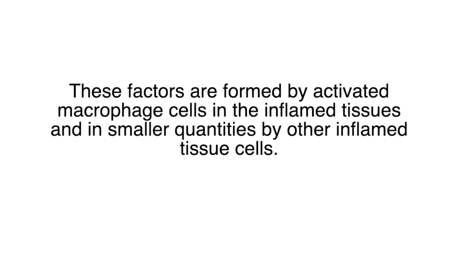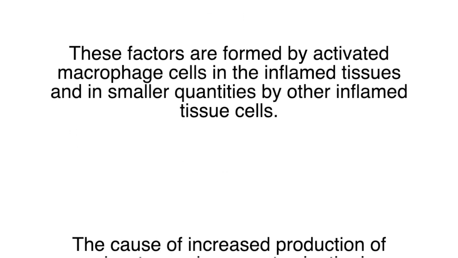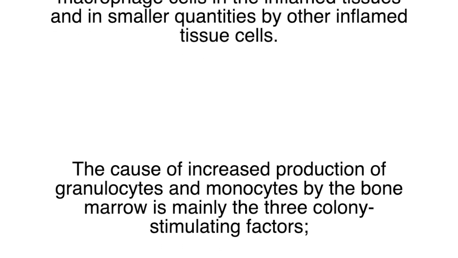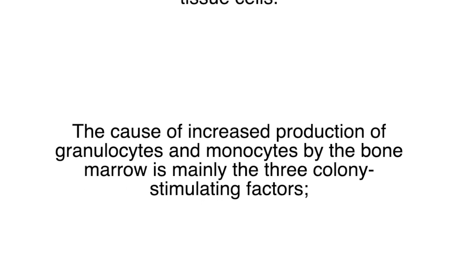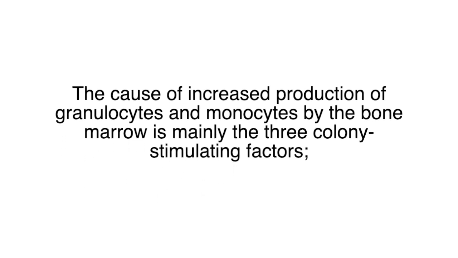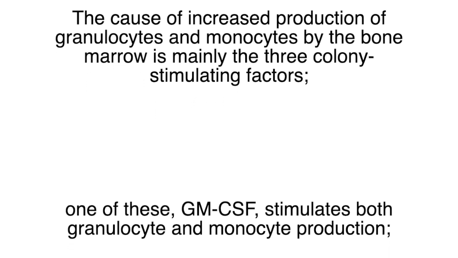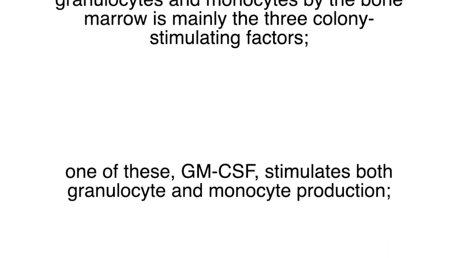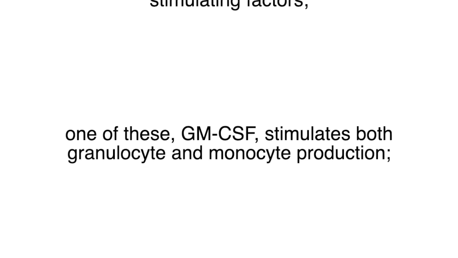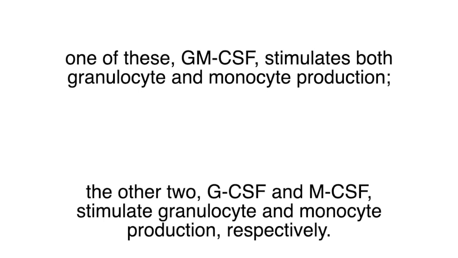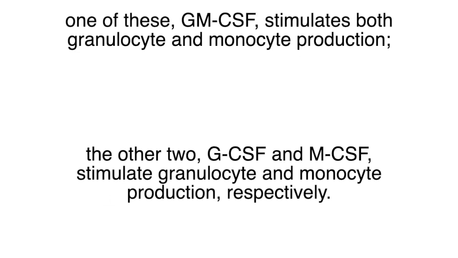The cause of increased production of granulocytes and monocytes by the bone marrow is mainly the 3 colony stimulating factors. One of these, GM-CSF, stimulates both granulocyte and monocyte production. The other 2, G-CSF and M-CSF, stimulate granulocyte and monocyte production respectively.